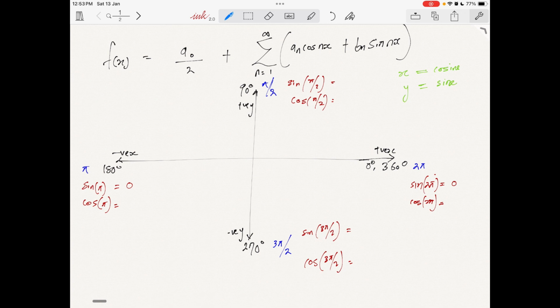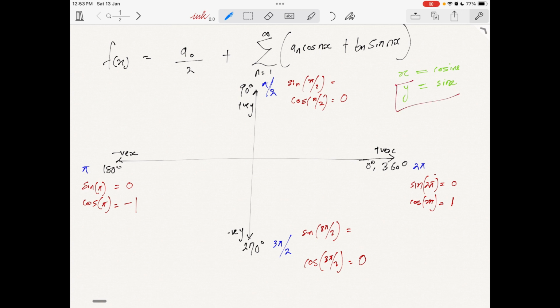So we can say that cos 2 pi is equal to 1 and cos pi is equal to minus 1. Now going back to the y-axis, the y-axis belongs to sine, so any form of cos function will be equivalent to 0. So cos pi over 2 is 0 and cos 3 pi over 2 is equal to 0.